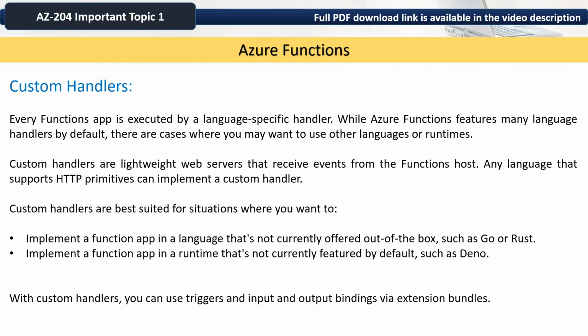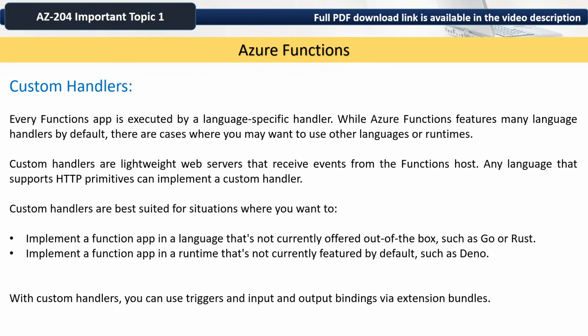About custom handlers, every function app is executed by a language specific handler. While Azure Functions features many language handlers by default, there are cases where you may want to use other languages or runtimes. Custom handlers are lightweight web servers that receive events from the Functions host. Any language that supports HTTP primitives can implement a custom handler.